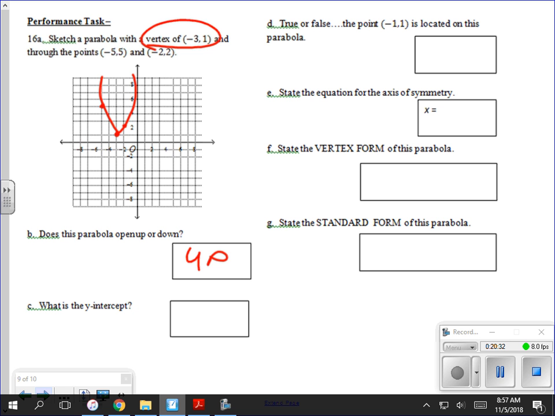If the other 2 points were below the vertex, it would open down. What is the y-intercept? We'll get back to that one. True or false? Point negative 1, 1. We'll get back to that one. State the equation for the axis of symmetry. That's easy. X equals, and look, I gave you half of the equation. All you've got to do is come up with a numeric part, which is the x-coordinate of your vertex.